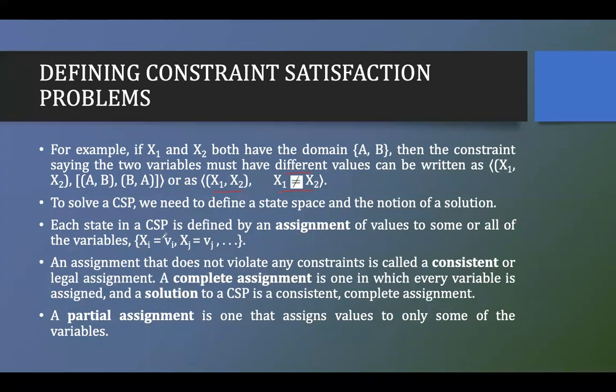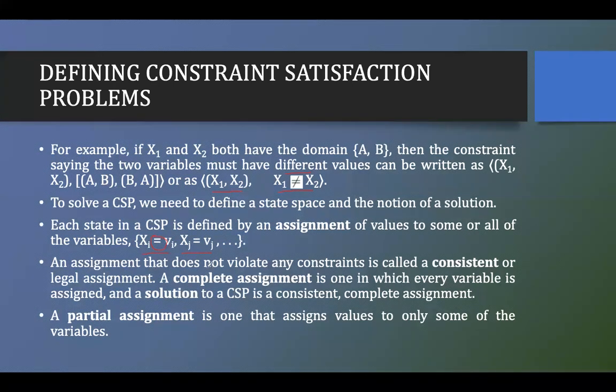Each state in a constraint satisfaction problem is defined by an assignment of values to some or all of the variables. So what we do is we assign some values, because this constraint satisfaction problem is a factored representation. In each node we should have a variable and the value associated with that, and we should assign this particular value to the variable.